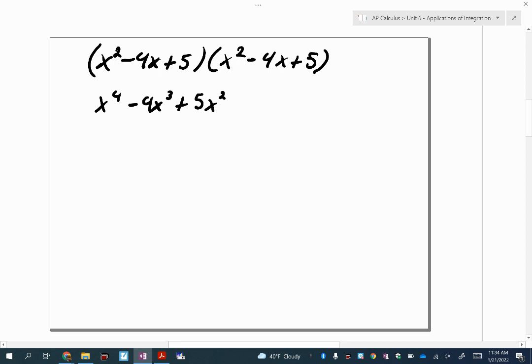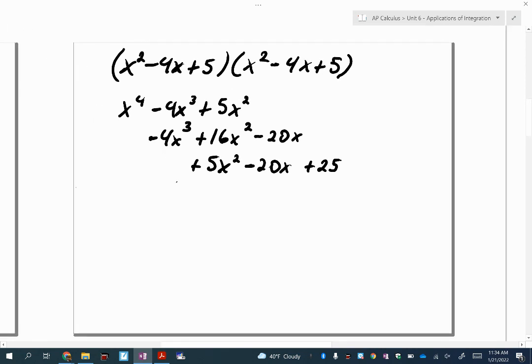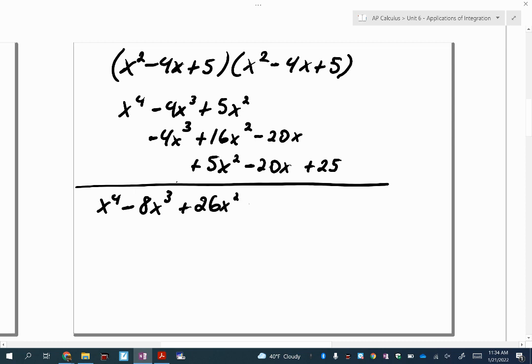Minus 4x cubed plus 16x squared minus 20x. And then finally, plus 5x squared minus 20x plus 25. So all of that, if you add straight down, is x to the 4th power minus 8x cubed plus 26x squared minus 40x plus 25.